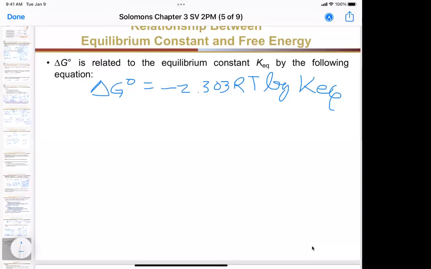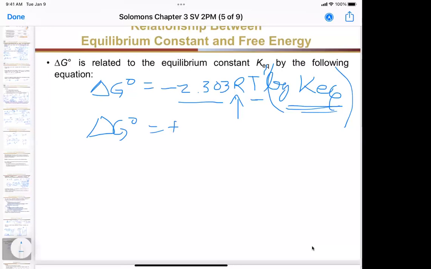Remember when we had the pKa's, we did the log because they were such big numbers? We're going to do that same thing here. But the important thing here is that this number is a constant. This is our gas law constant. This is our temperature in Kelvin. So in this delta G, if your equilibrium constant is negative, then your log there is going to give you a positive number.